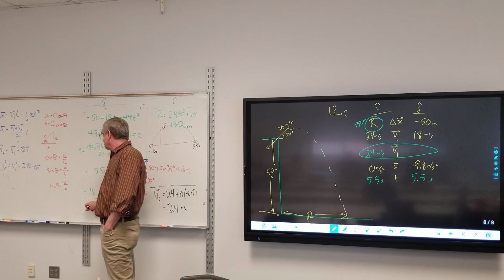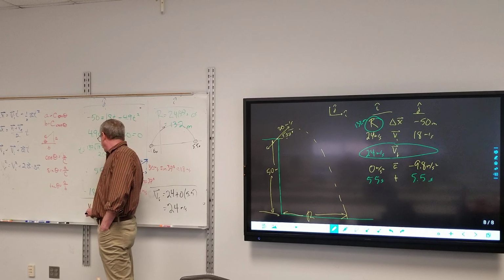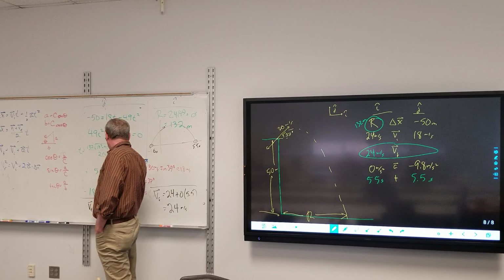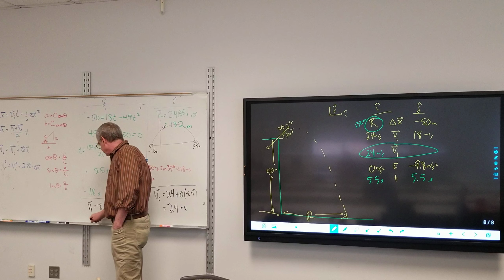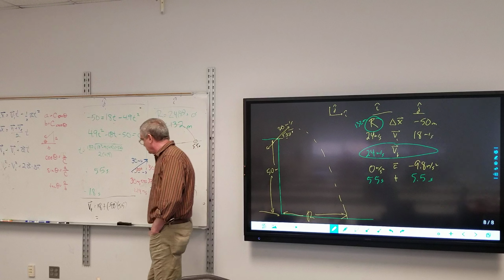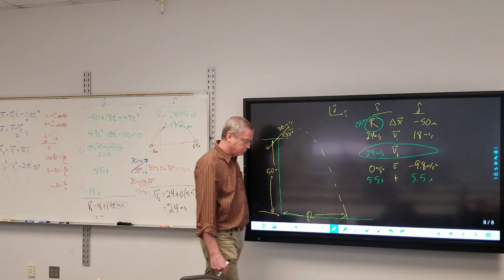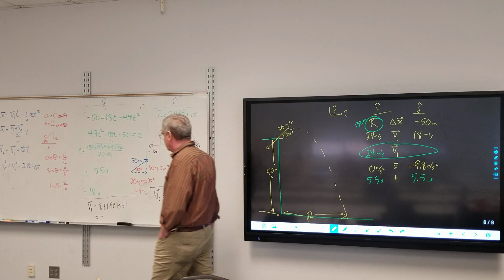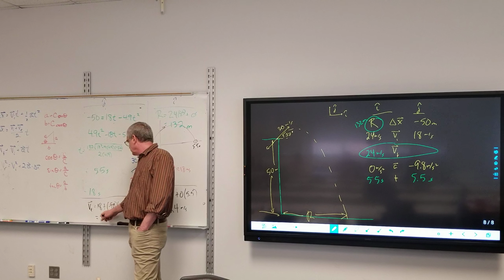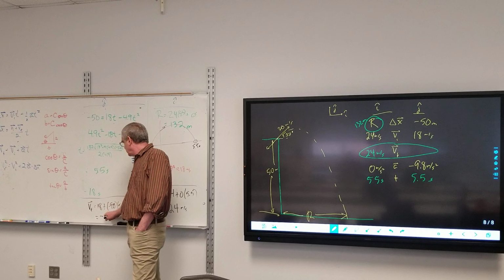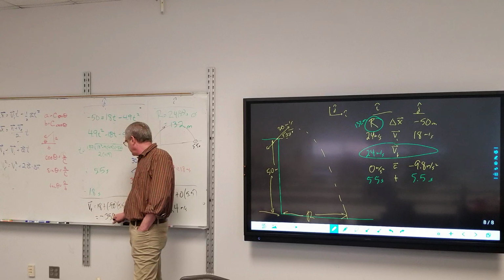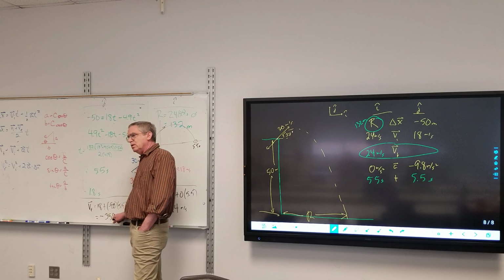Vertically, V final vertically is equal to 18 plus negative 9.8 times 5.5, which is negative 35.9. Yeah, that's what I got. All right, negative 35.9 meters per second.